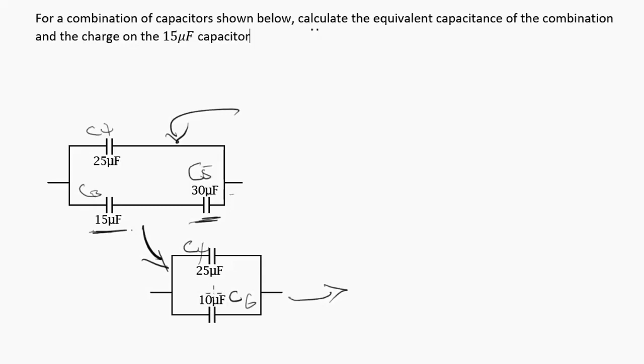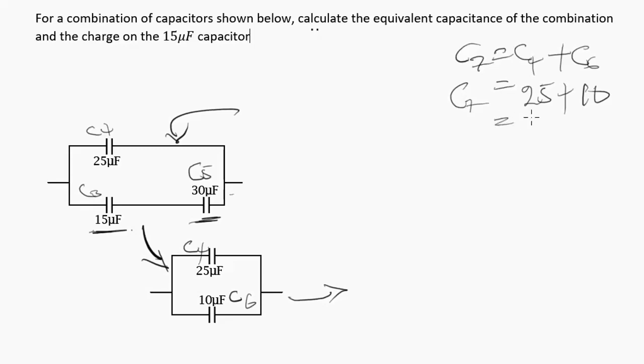So what connection is this? This is parallel. So we'll calculate this by saying that C7 is equal to C4 plus C6. At this point, C7 is C4, which is 25 microfarad, plus C6, which is 10 microfarad, and this is equal to 25 plus 10, which is 35 microfarad.